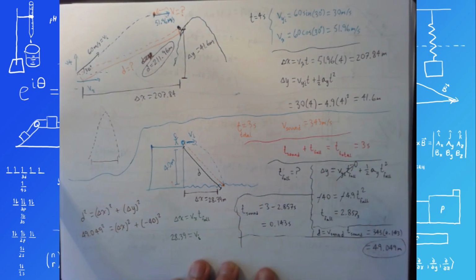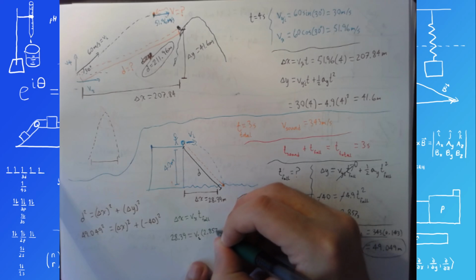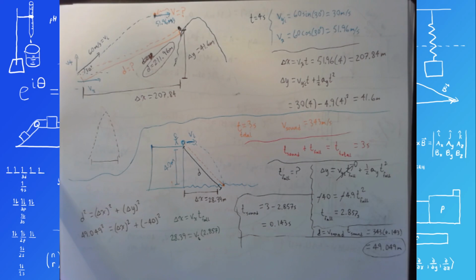And then T fall was 2.857. So it looks like V initial is very nearly 10. 28.39 divided by 2.857 gives me about 9.937.